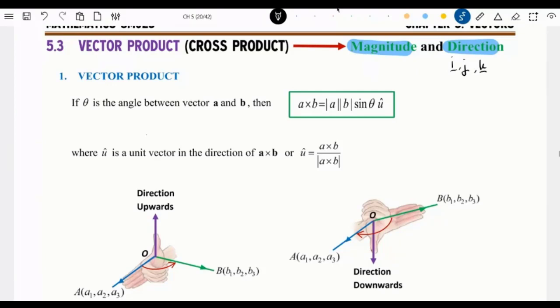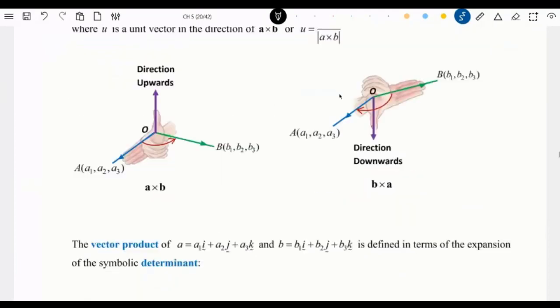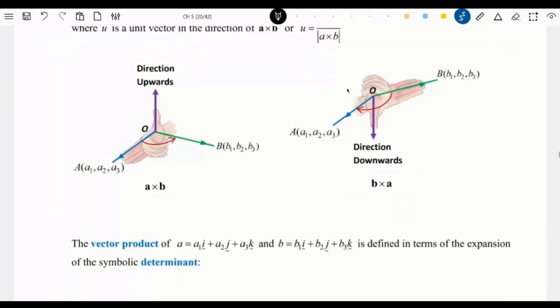Okay, so we encounter with direction upwards and downwards. So pastikan kamu punya palm menuju, dia bermula dengan satu point dan kita akan rotate ke satu point yang lain. So kita akan tengok direction thumb kamu ke atas ke bawah. Kalau ke atas dia adalah positive sign, kalau ke bawah dia adalah negative sign. Magnitude sama tapi hanya plus minus yang berubah.